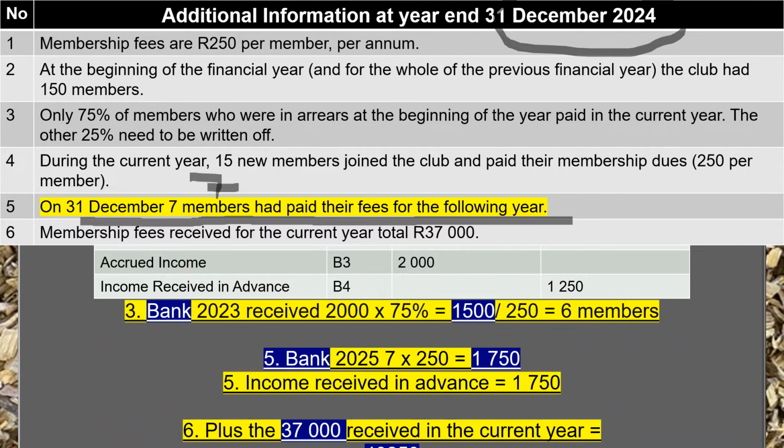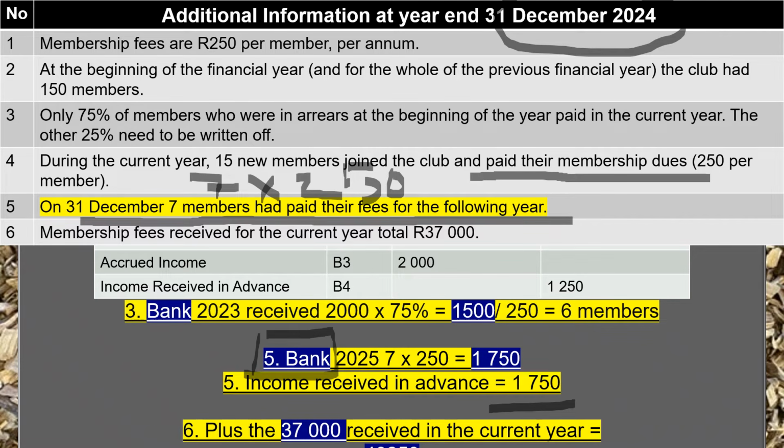So it will be 7 times 250. There it is. 7 times 250. And they've joined the club and they've paid us. Right? So our bank balance will increase by the 7 times 250.